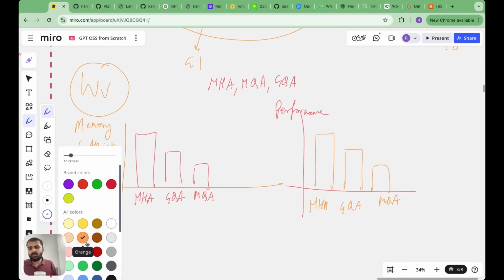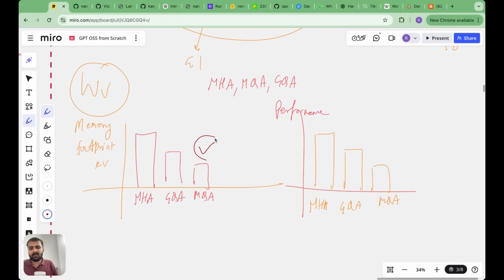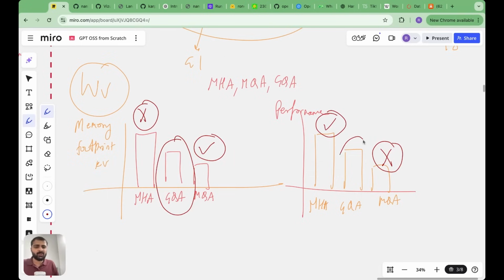So MQA does very well with the memory footprint because it has a very low memory footprint, but it's quite bad with performance. MHA does quite bad with memory footprint, but it's great with performance. And grouped query attention is the best of both worlds. It lies in the middle. And that's why many modern architectures go ahead with group query attention.